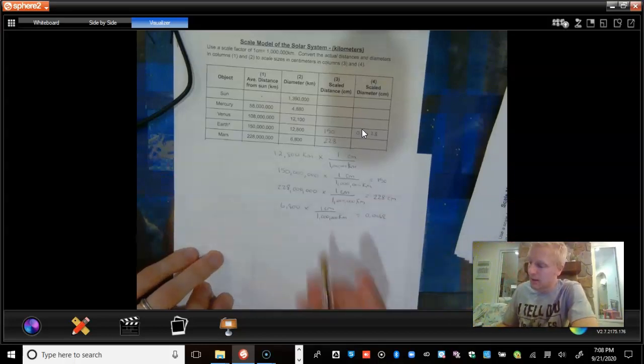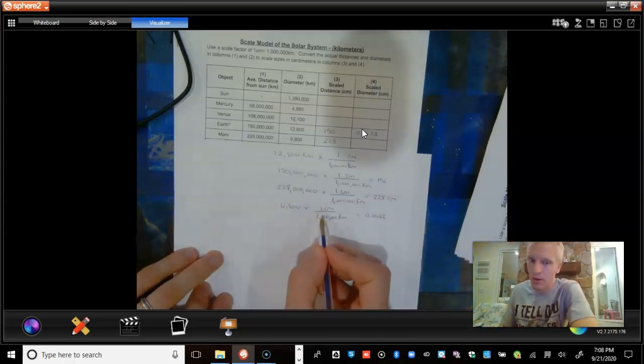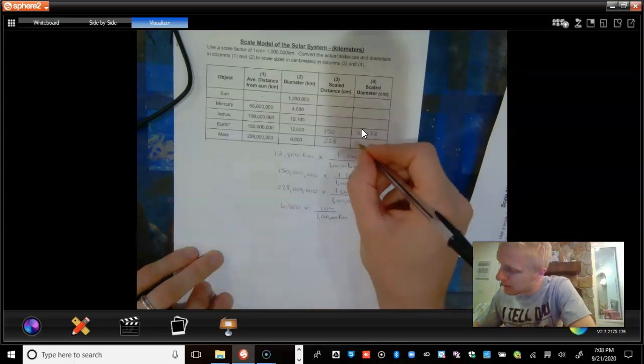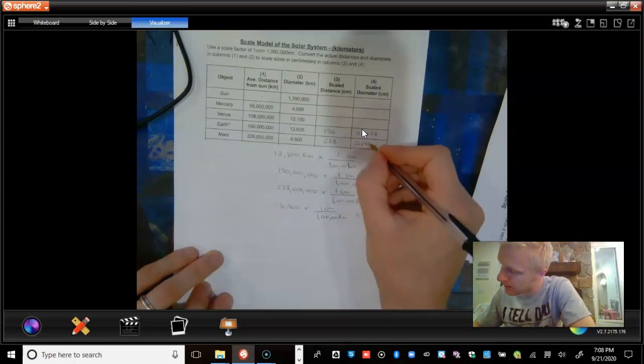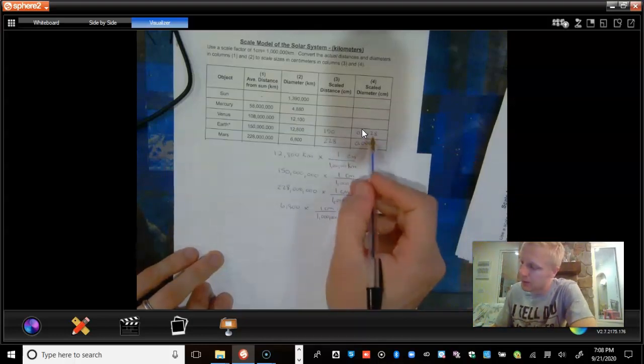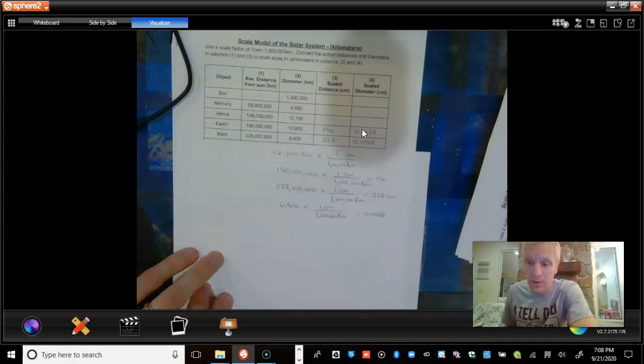You just type that into your calculator. 6,800 times 1 divided by 1,000,000 will get you something around 0.0068. And Mars is significantly smaller than the Earth, and it looks like we did our math at least somewhat correctly because it is smaller than the Earth.